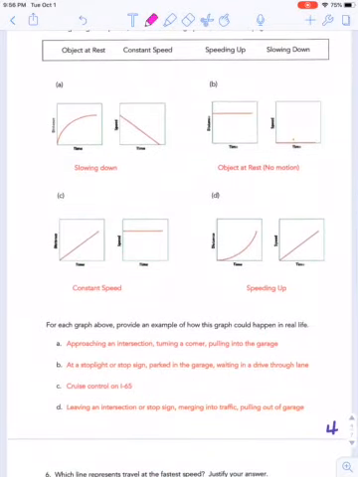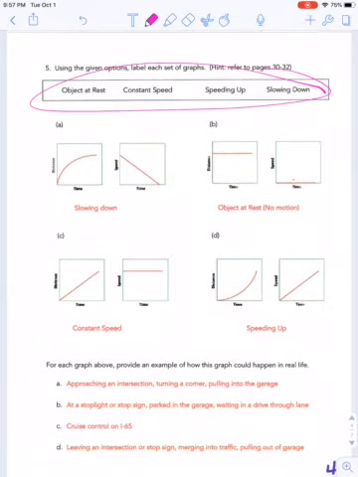All right, so when we look at these graphs, you're going to need to interpret what's happening with them, as well as give a real world application. So the ideas that we look at are right here. At rest, so that's stopped. Constant speed, speeding up, slowing down.